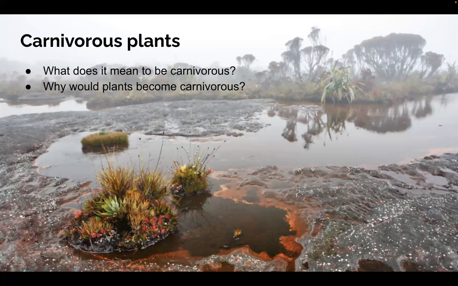And that tends to be the tipping point for some of these plants to become carnivorous. So they have an opportunity to grow in habitats that are poor in nutrients. So other plants wouldn't be able to grow there. And carnivorous plants have figured out how to supplement their diet by basically bringing those nutrients to them. So as we have a diet, we eat other organisms.